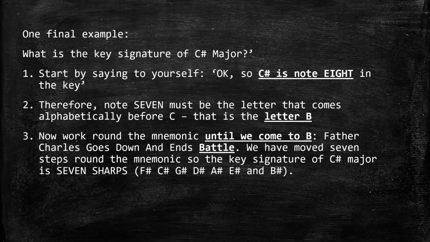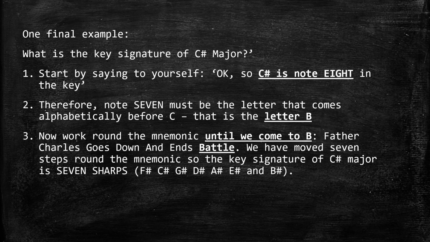One final example. What is the key signature of C sharp major? Start by saying to yourself, okay, so C sharp is note 8 in the key. Therefore, note 7 must be the letter that comes alphabetically before C. That's the letter B. Now, work round the mnemonic until we come to B. Father Charles goes down and ends battle.